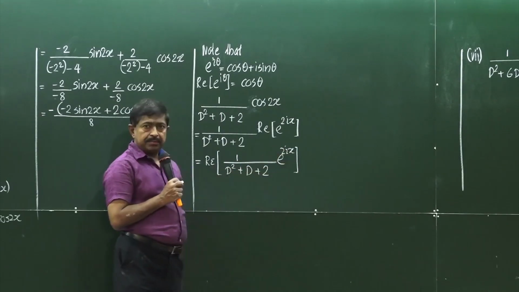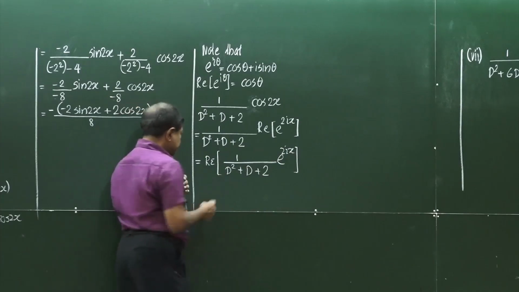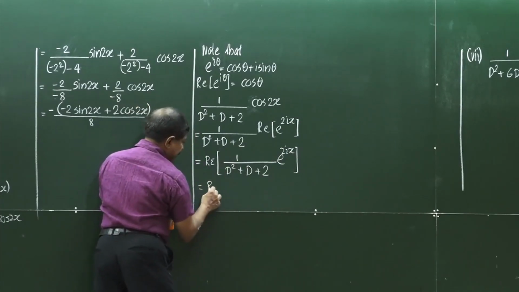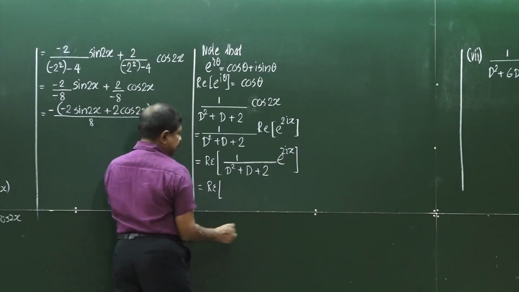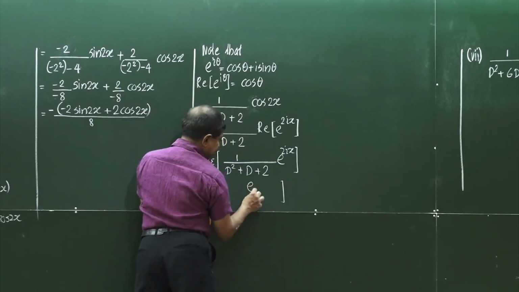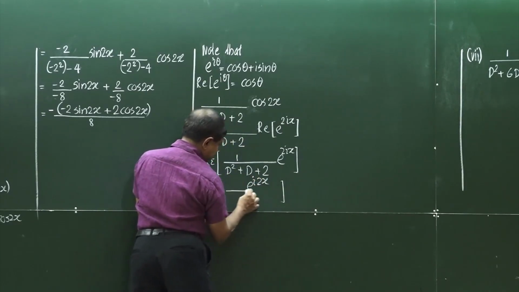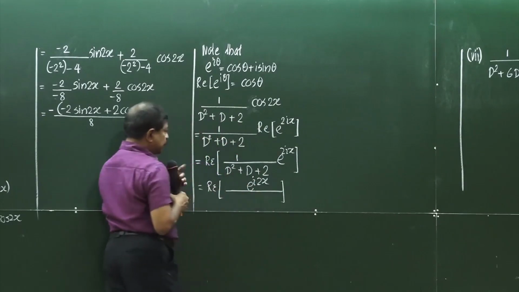Alpha is 2i. So substitute 2i there straight away, because that's how you apply the first formula. e to the power 2ix will be there. I write i2x. You substitute 2i.